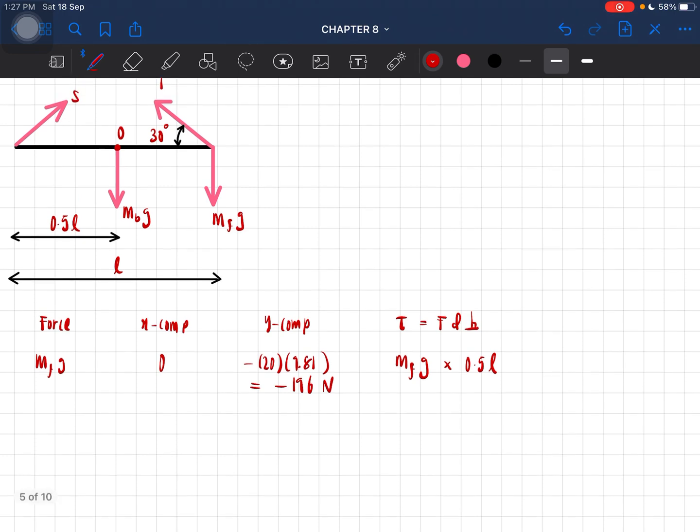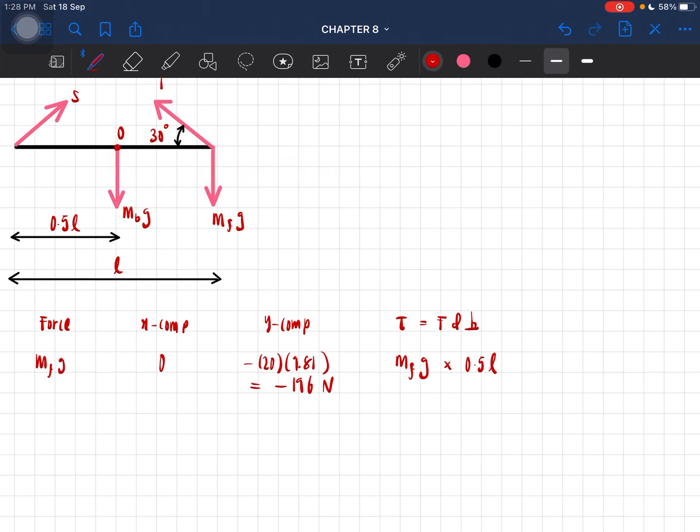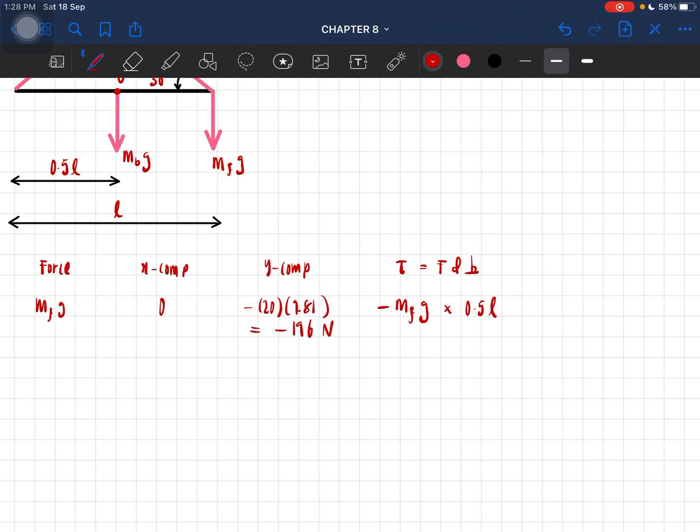By using clockwise or anti-clockwise. So now this force is rotating the beam about this point, going clockwise. If it is going clockwise, its value will be negative. So that's why we put a negative in front. Okay, so this is just negative 196 times 0.5 L.